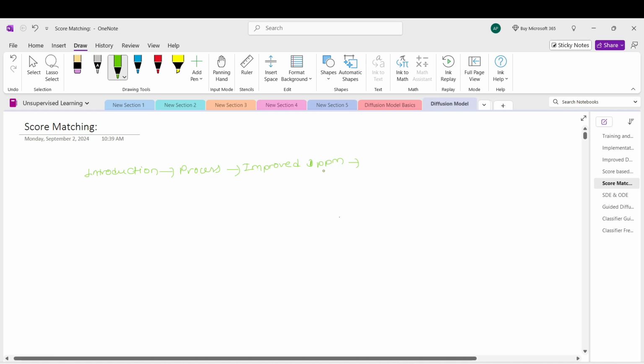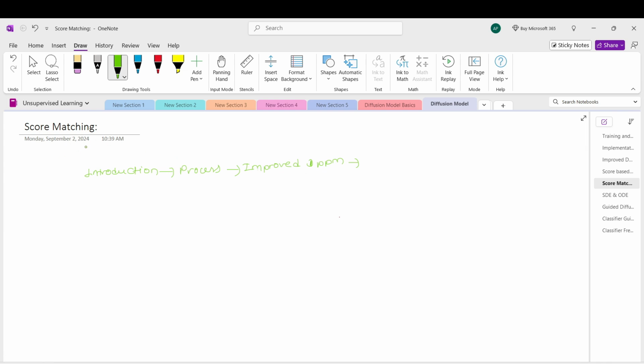And I am now taking you into a new realm, which is score matching. This is not a recent approach. Score matching is a very old approach, and it has been applied in various fields like statistical physics and thermodynamics.